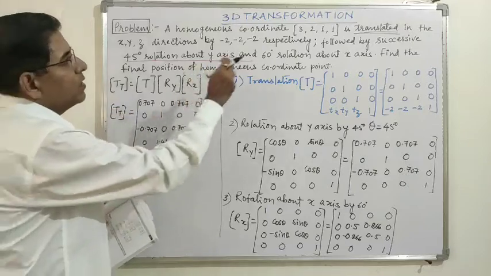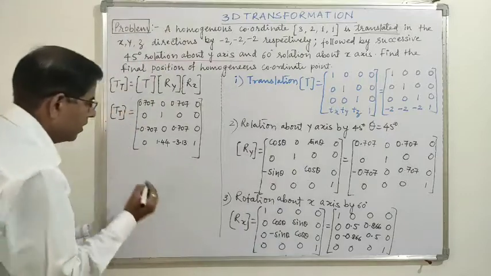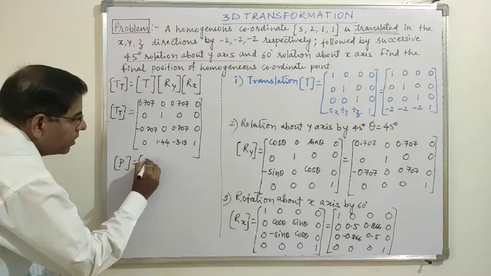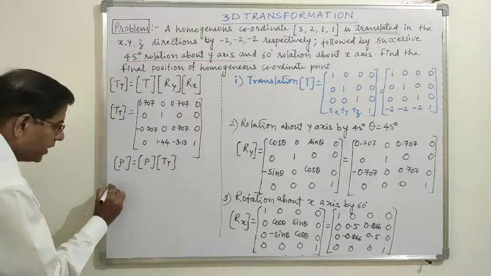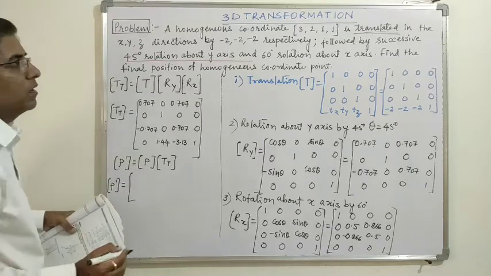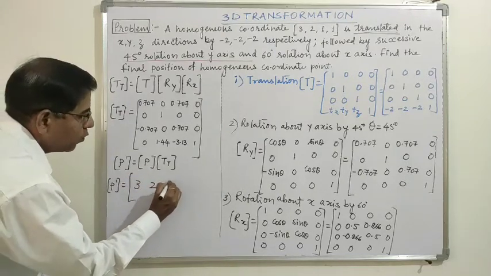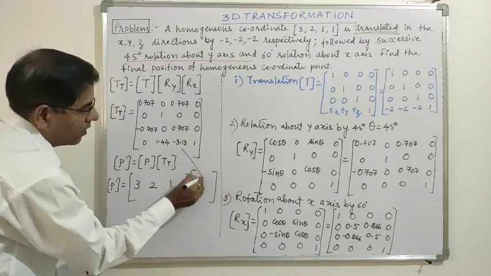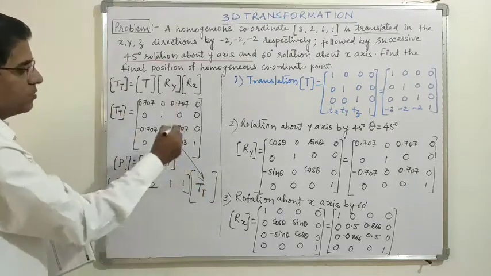Now to obtain the final position of this original point, we know that P dash is equal to P into the total transformation matrix. So P dash is equal to the original coordinate of the point, 3, 2, 1, 1, multiplied by the total transformation matrix, this matrix.